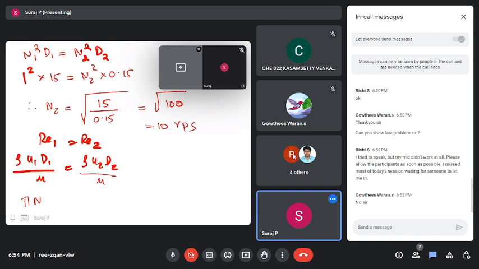So here we will be getting 15 squared divided by 0.15. Can you calculate and give the result?